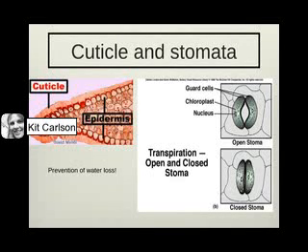Turning to the adaptations that we see in plants, one of the key and first adaptations we see as plants move from an aquatic environment to land is a cuticle and stomata. If you'll recall, the cuticle was that waxy outer coating secreted from the epidermal cells. This helps to prevent water loss.